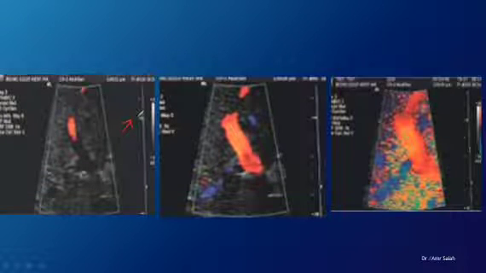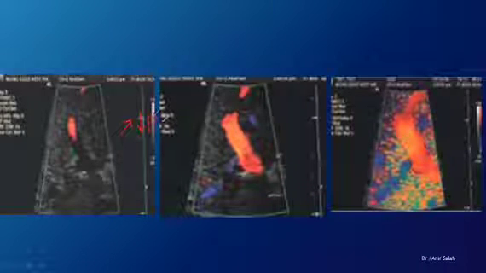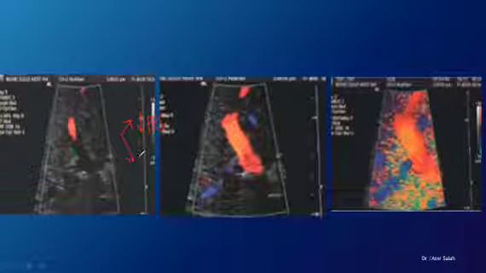It reads it as if it's stationary, although it is present. So what to do then? We will decrease the BRF in order for it to be convenient with the velocity of the blood. Or it might be that the color intensity in general is low, so we have to increase the gain.